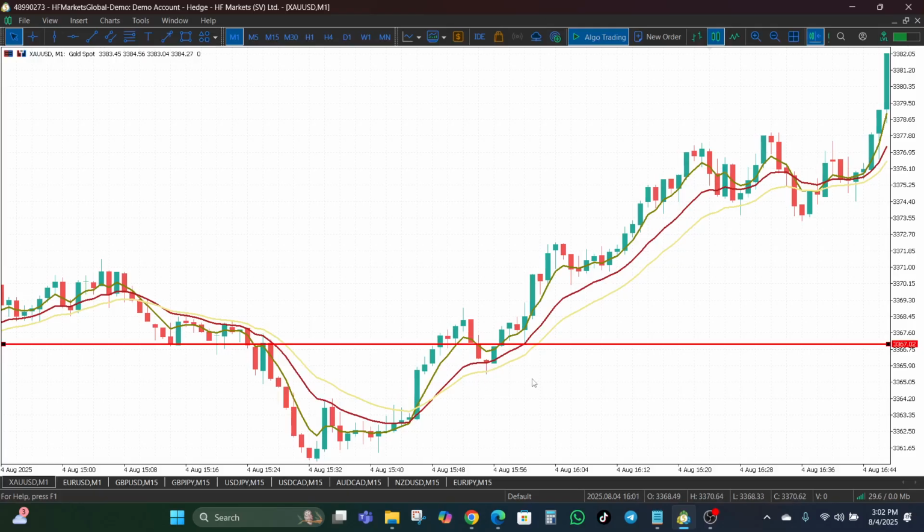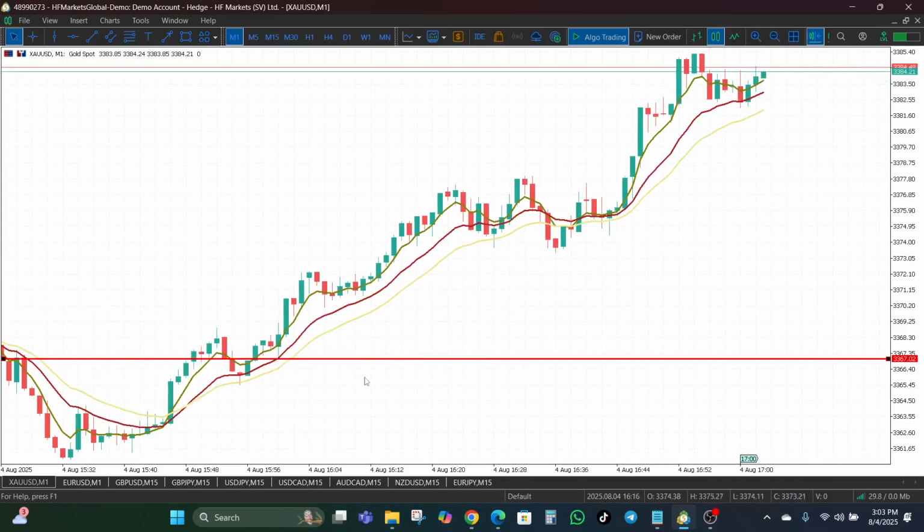All right. Now your exit can be as simple as riding the move until the EMAs cross back against your trade, or you can just decide to set a fixed risk to reward ratio.